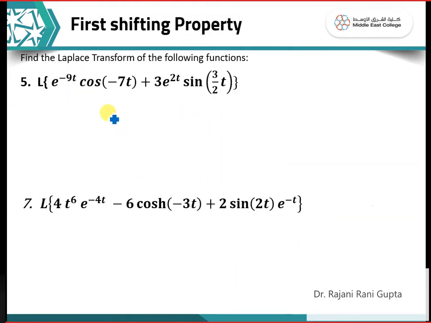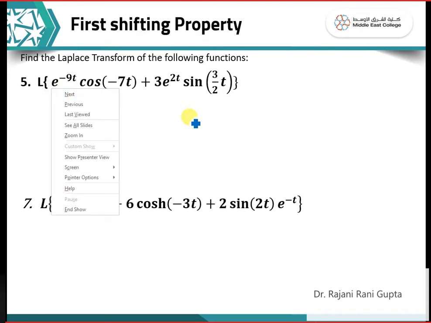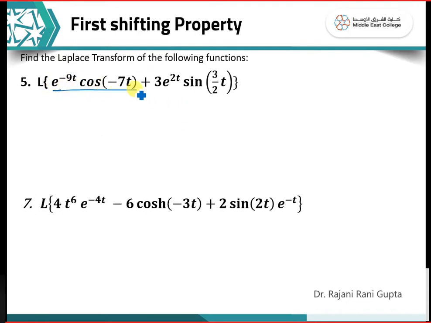Now we will see how to solve this question. Again this question is based on the first shifting property. But what you can see here is that you have two terms. This is one term and this is the second term. In the first term you have e power minus 9t, in the second term you have e power 2t. So it means you have two different values of e, which means you have to apply the shifting property twice.